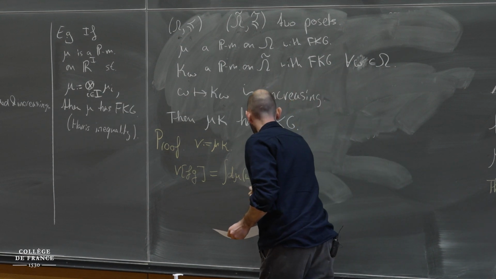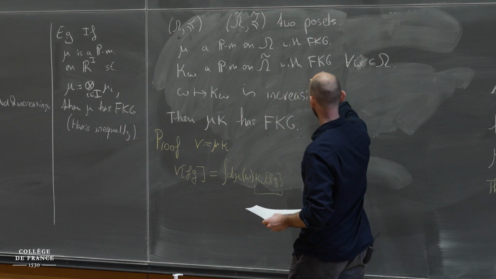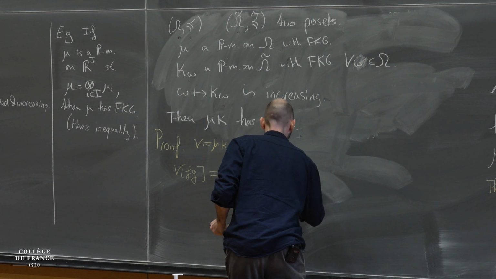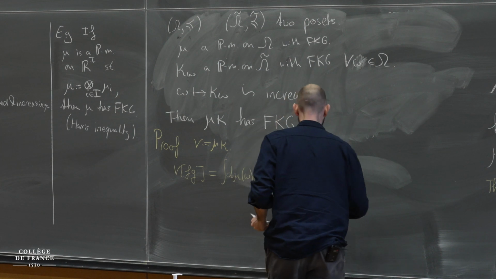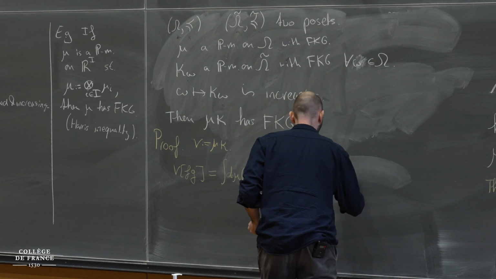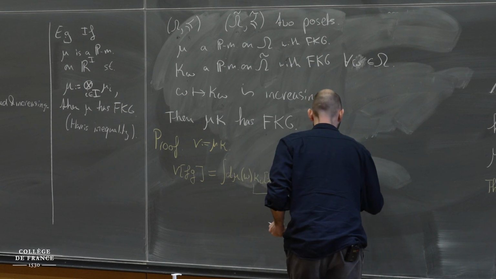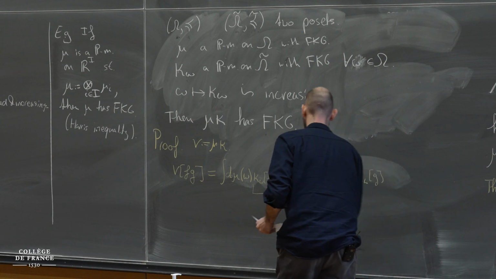So now here, we have an FKG inequality, right? We use this FKG inequality. So this is bigger than the integral d mu of omega of kappa omega f times kappa omega of g.